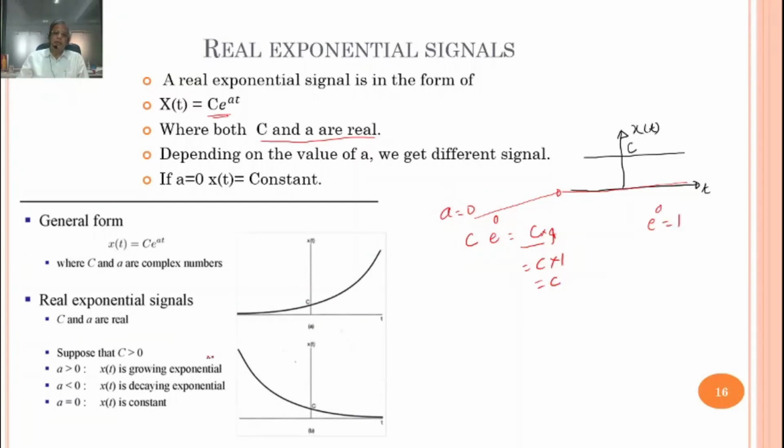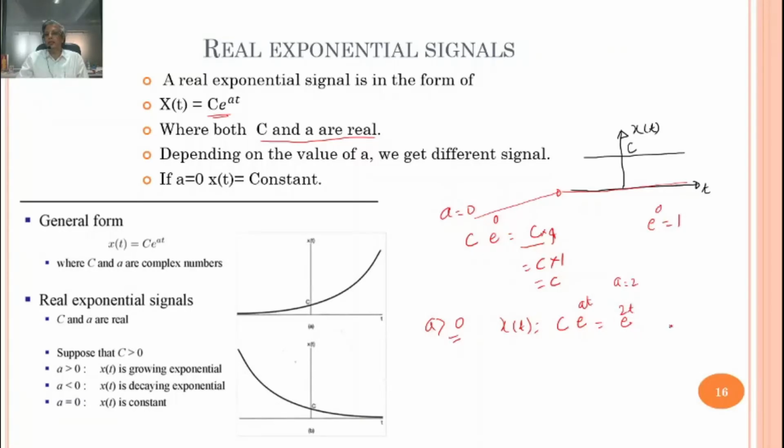When c is greater than 0, means this is positive value, and when a is greater than 0, that time the nature of the signal x of t, that equal to c into e raised to a t. Now this is greater than 0, we will consider this a equal to 2, means 2 into t.